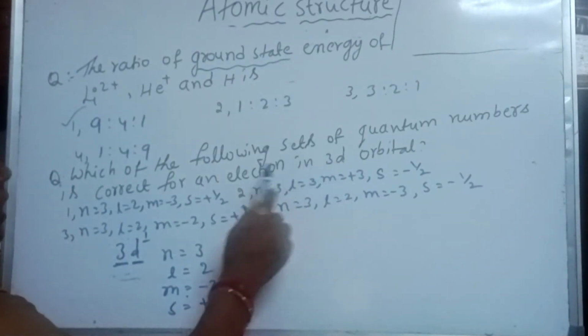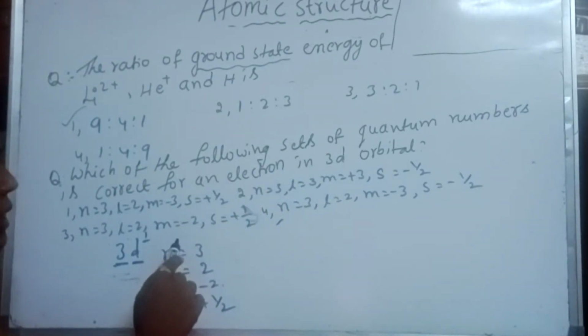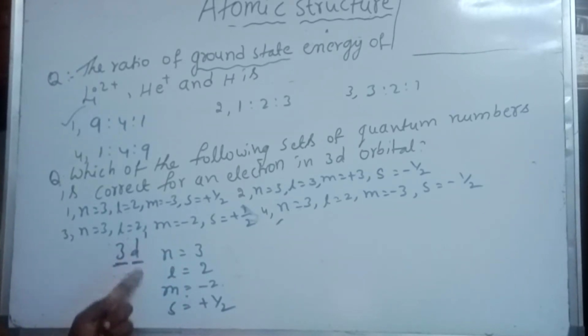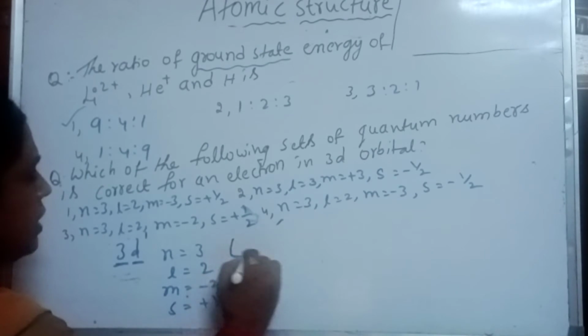What is given in the question? An electron, meaning one electron, so 3d1. To write four quantum numbers for the 3d1 orbital: the principal quantum number n is 3. Based on the orbital given we write the l value, and for d orbital l is 2. Then m when l is equal to 2.